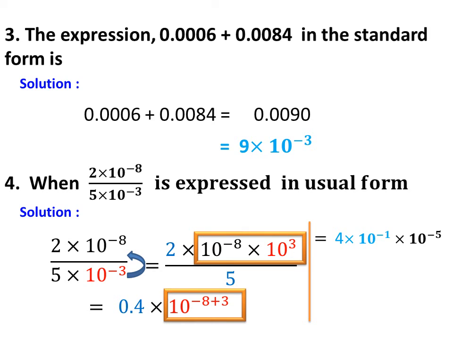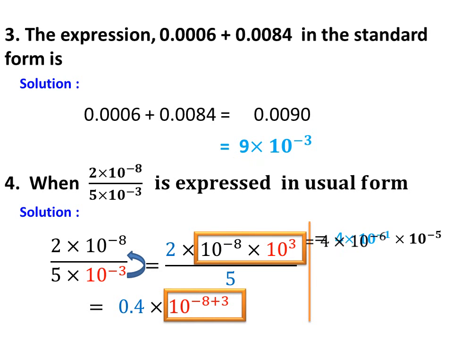How do I get this 4 into 10 to the power minus 1? 0.4 is changed into 4 into 10 to the power minus 1 using the conversion of standard form from usual form. How do I get 10 power minus 5? Simplifying 10 power minus 8 plus 3 from the previous step.